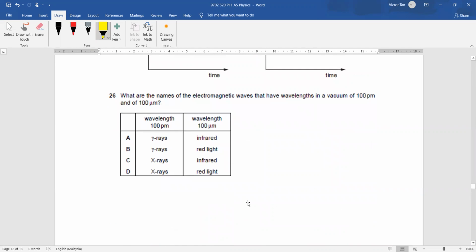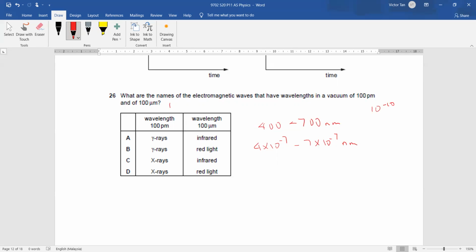What are the names of the electromagnetic waves that have wavelength in a vacuum of 100 picometer and of 100 micrometer? Always this you have to remember. Light has wavelength 400 to 700 nanometer, so it's 4 times 10 negative 7 to 7 times 10 negative 7 meter. Pico is 10 negative 12, so 100 picometer is 10 negative 10.